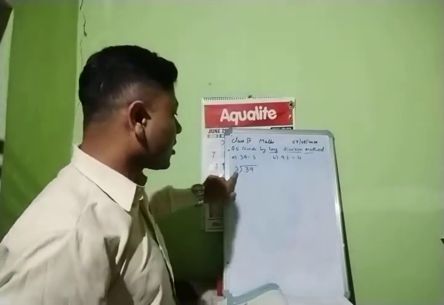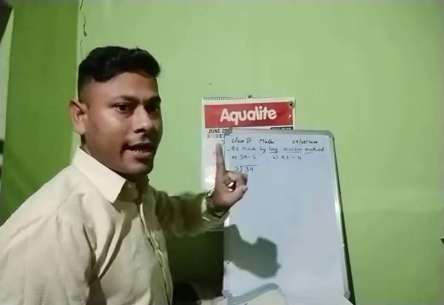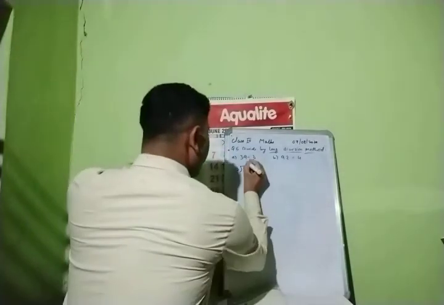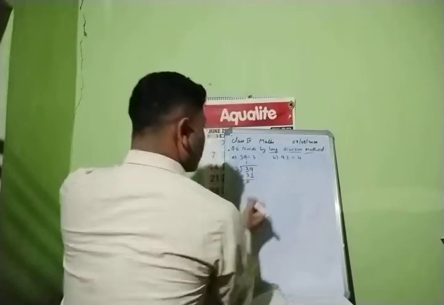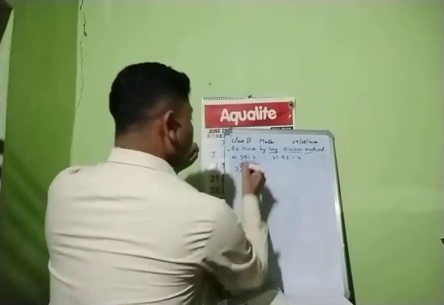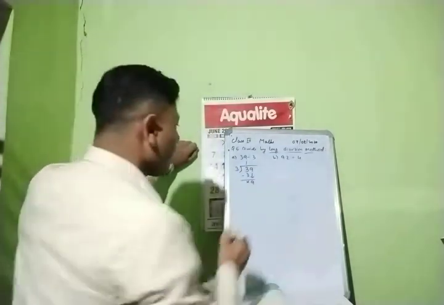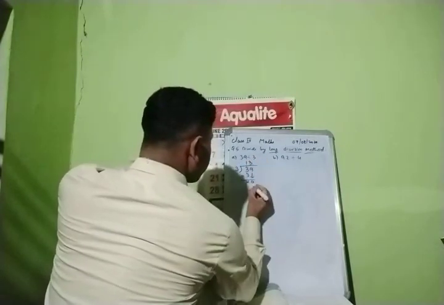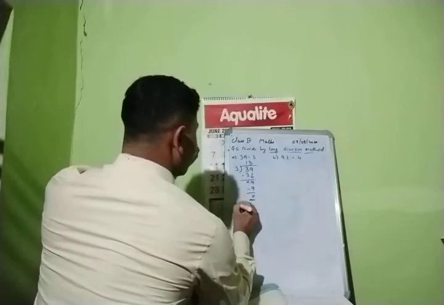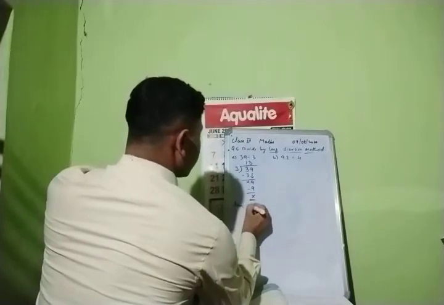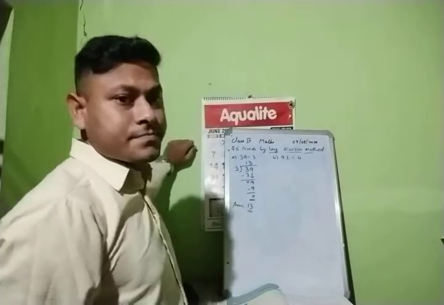What is this? 3. This is also 3. That means we can take one number. So 3 ones are 3, minus, 0, 9 will come down. Okay. Now 3 ones are 3, 3 twos are 6, 3 threes are 9. Then 9 minus 9, 0. So what is our answer here? Our answer is 13. Alright.